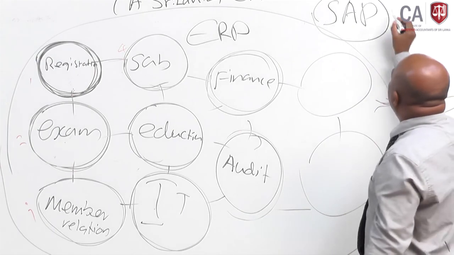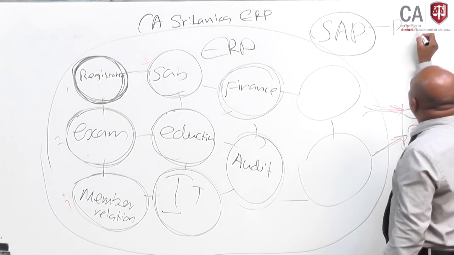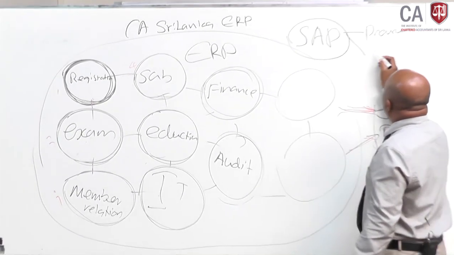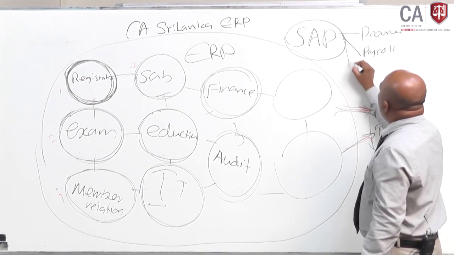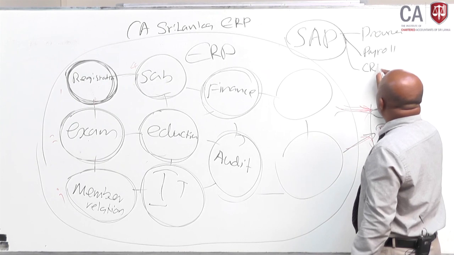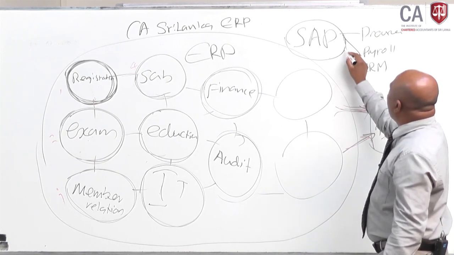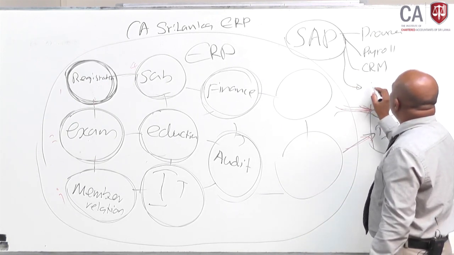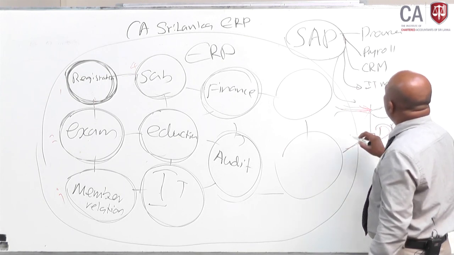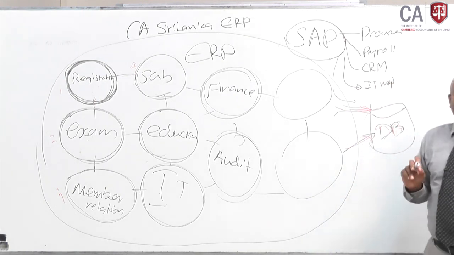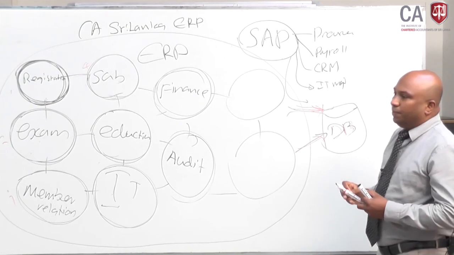But some of the activities like procurement and payroll and CRM, customer relationship management, and some other IT management, there are some different common functionalities handled by this system.